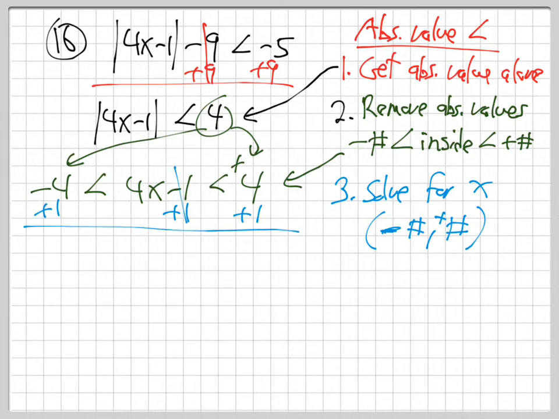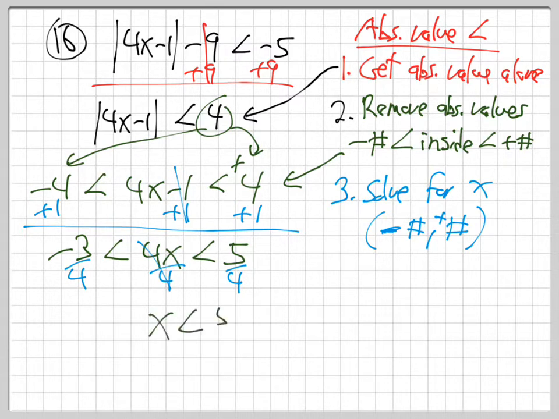So we get 4x, this is 5, this is negative 3. And then divide through by 4. Boom. Negative 3/4 and 5/4.